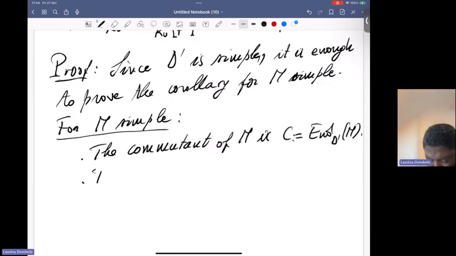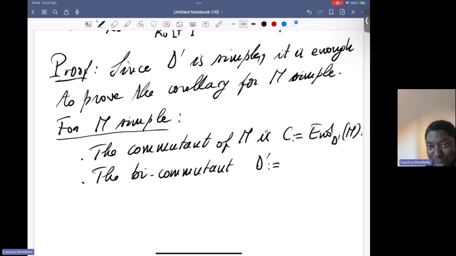And the bicommutant in that case would be D prime itself, because it's the endomorphism ring of our module over the commutant. And then we recover our simple ring, right?